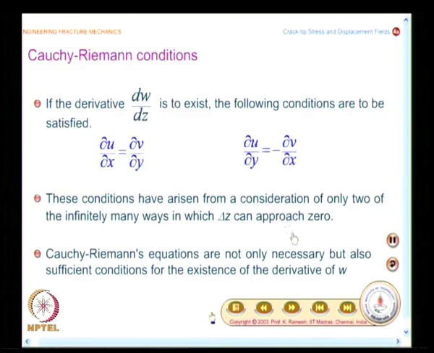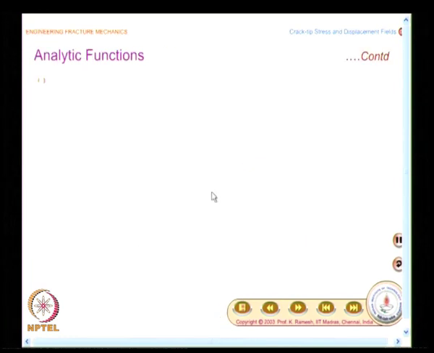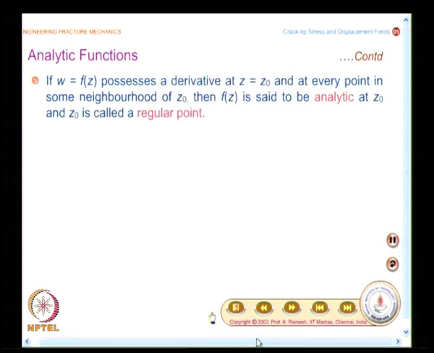For a complex function w to be differentiable, the Cauchy-Riemann conditions are given like this. If these two conditions are satisfied, the function w is differentiable and it is an analytic function. And we also have certain generic definitions. We will look at these aspects.